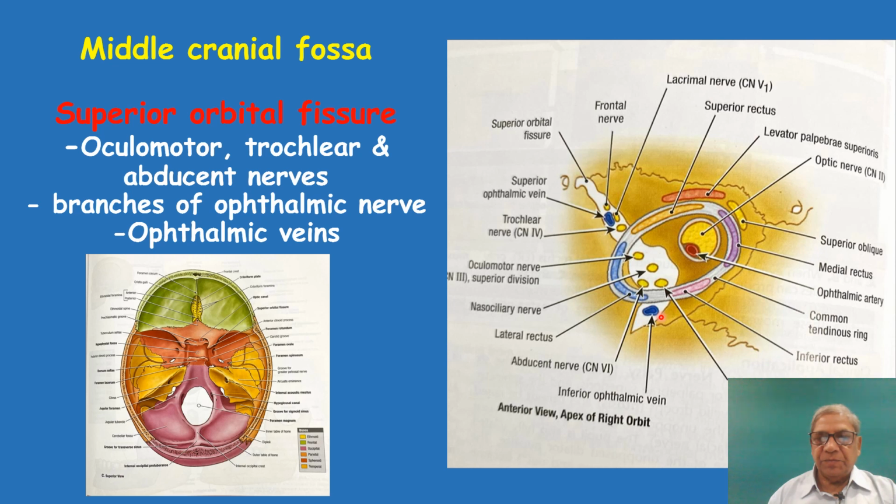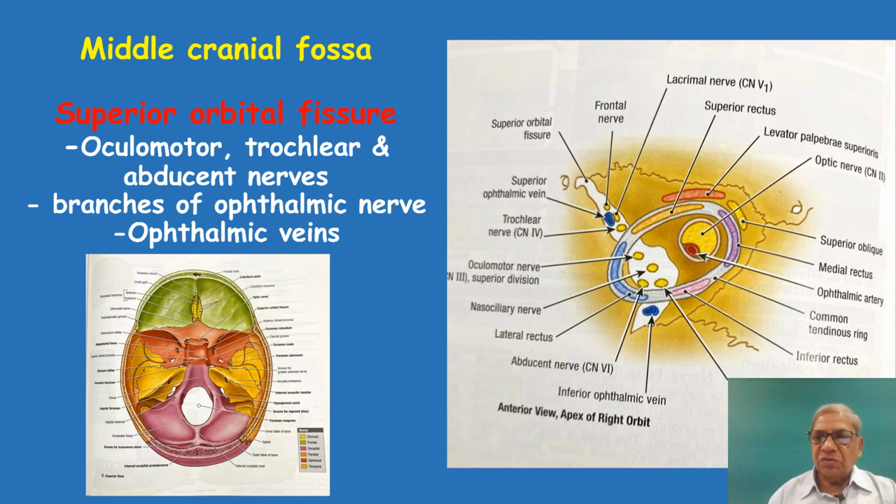So this will complete your superior orbital fissure and the structures passing through it. The nerves are going from the middle cranial fossa towards the orbit, the orbital cavity. The veins are coming from the orbit towards the middle cranial fossa and will drain into the cavernous sinus.